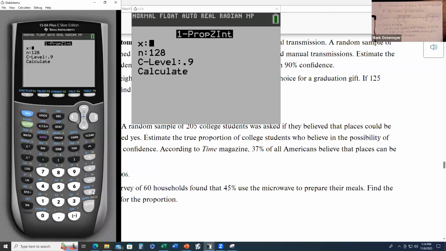In this case, our characteristic of interest is whether a college student drives a manual transmission. And we know that of the 128 randomly surveyed college students who drive, 8 drove a manual transmission. The confidence level is 0.90. And now we can calculate the confidence interval.